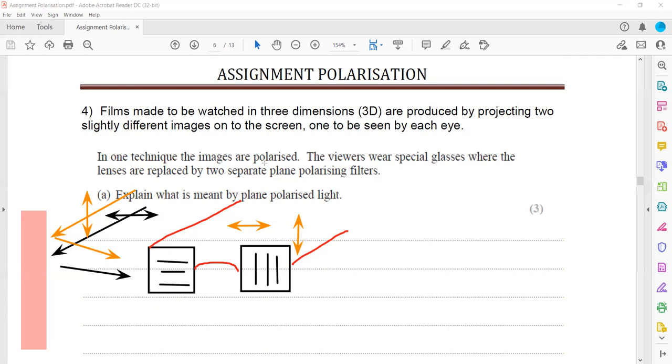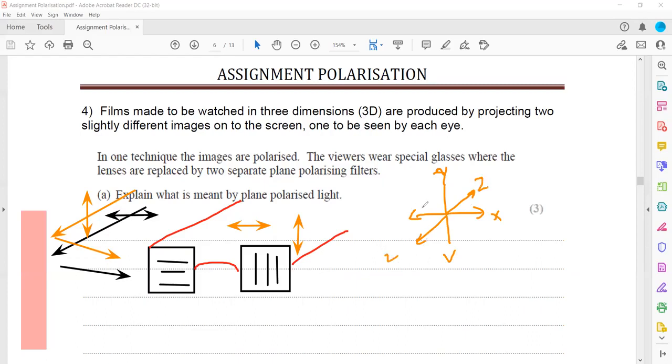retina it will create two images which overlap with each other, and as a result it will give a 3D effect. Because in the 2D effect, the object can move in the x direction and y direction, but in 3D the object can also move in the z direction, which means in and out.